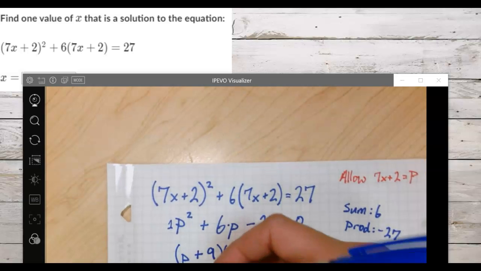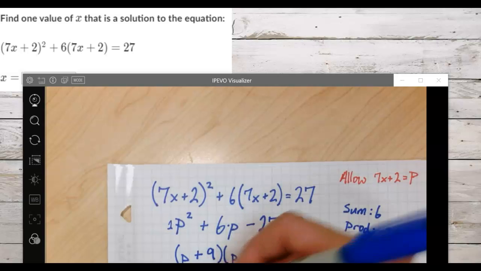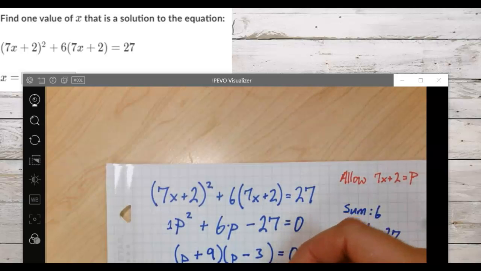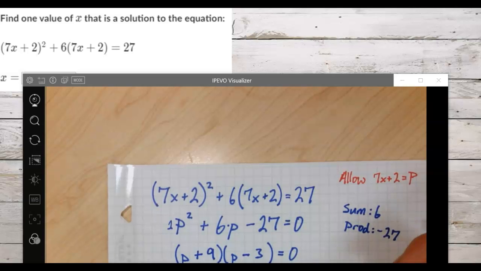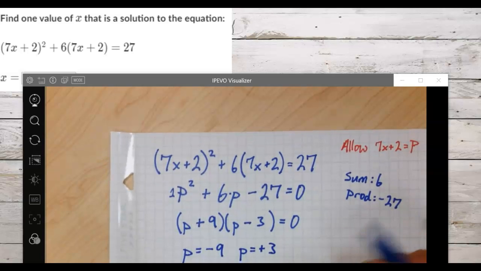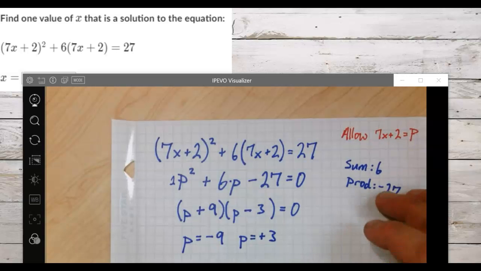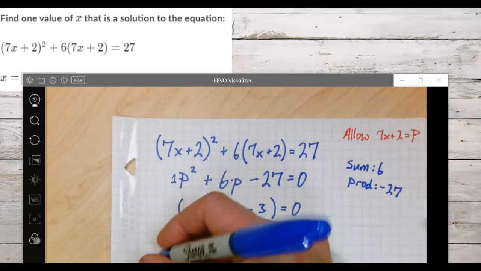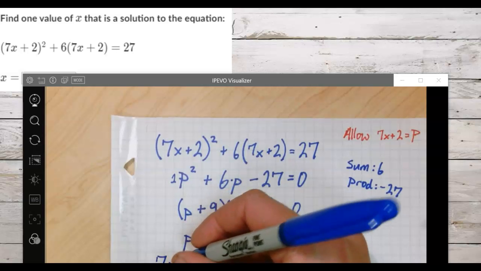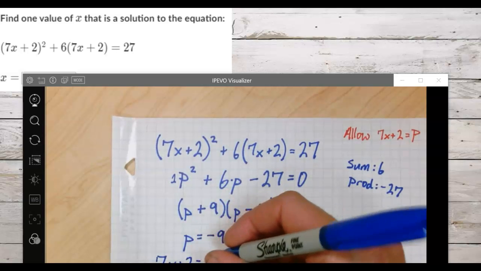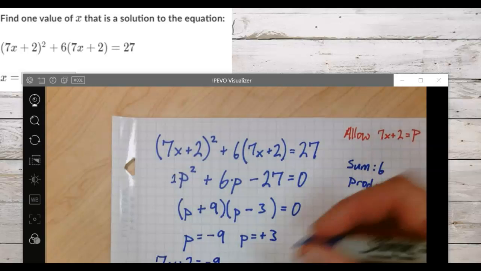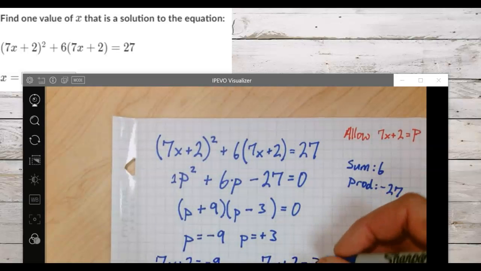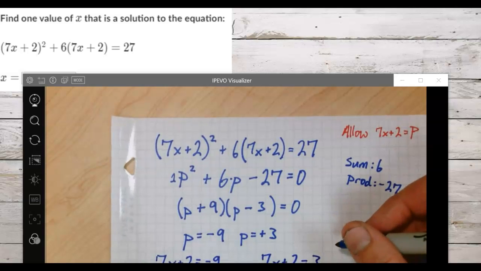It's a marathon. So p is -9 or p is +3. Now, as we take our time and substitute p back in, we can say 7x plus 2 equals -9, or 7x plus 2 equals +3.